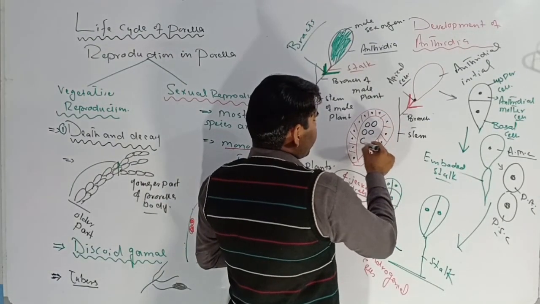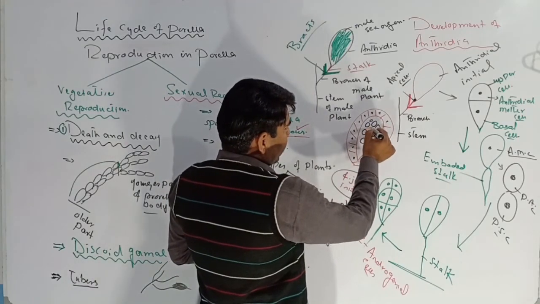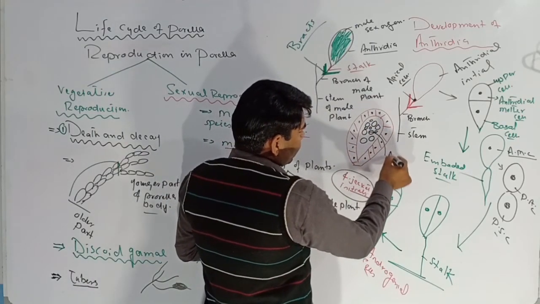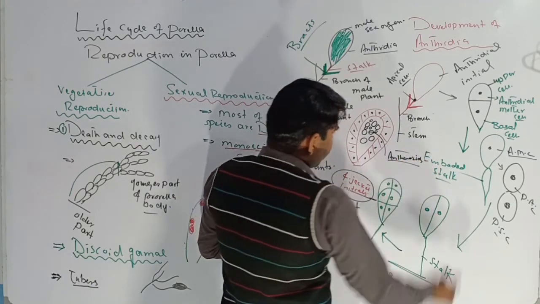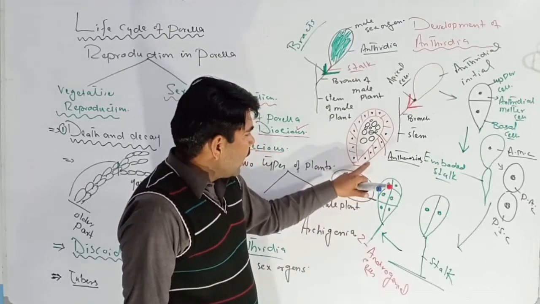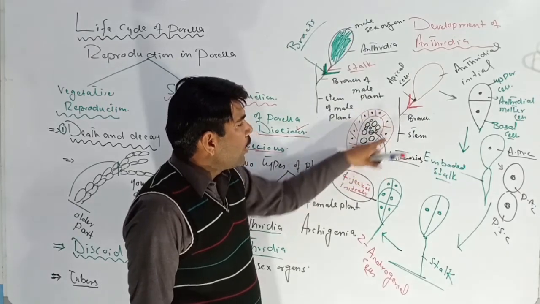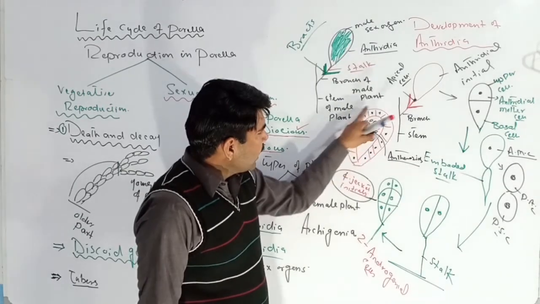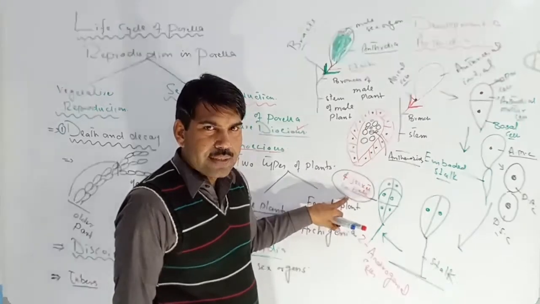They produce motile biflagellated antherozoids, which are produced as a result of division of these androgonial cells. And this upper portion is known as the wall of the antheridium, which is produced by these four jacket cells.